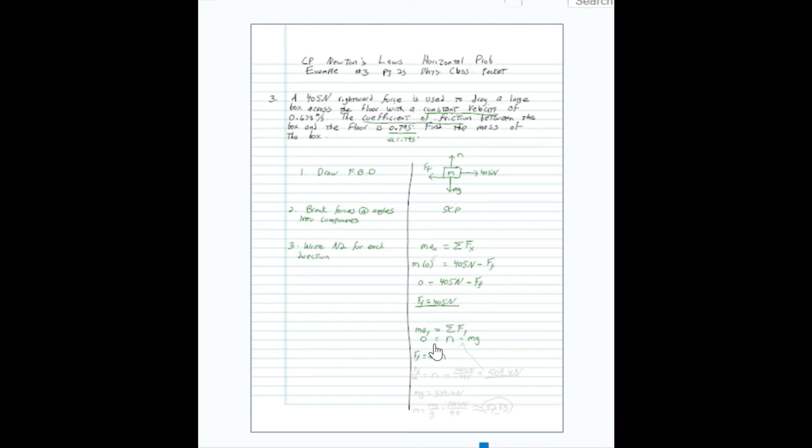I know what mu is, and I know what FF is. So if I divide, I can get N. So FF divided by mu equals the normal force. I have a frictional force of 405 newtons, and a coefficient of friction of 0.795. So if I do 405 divided by 0.795, I get 509.4.